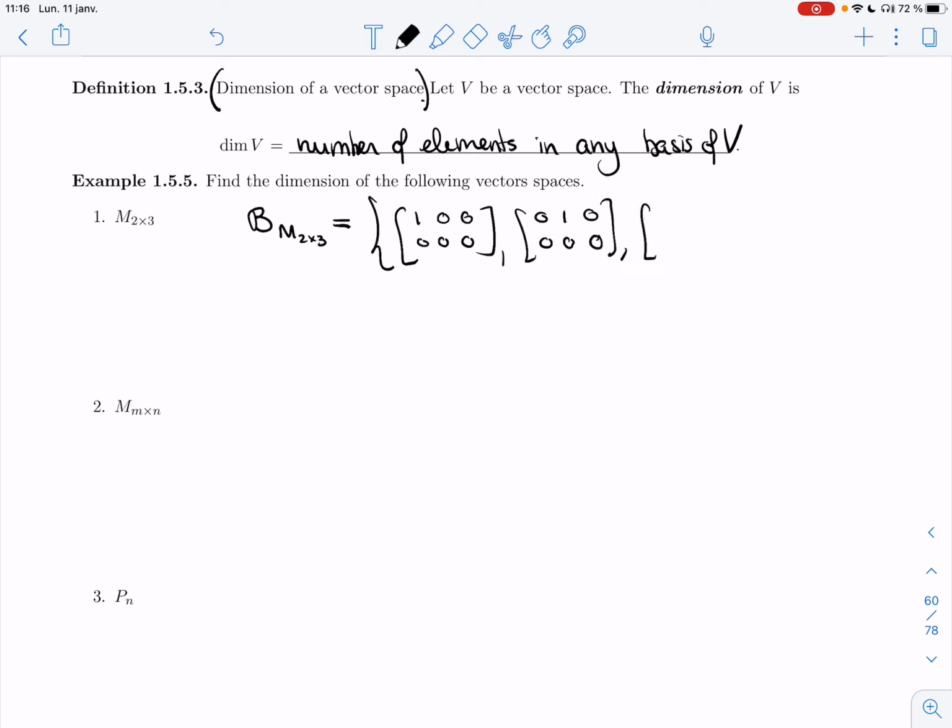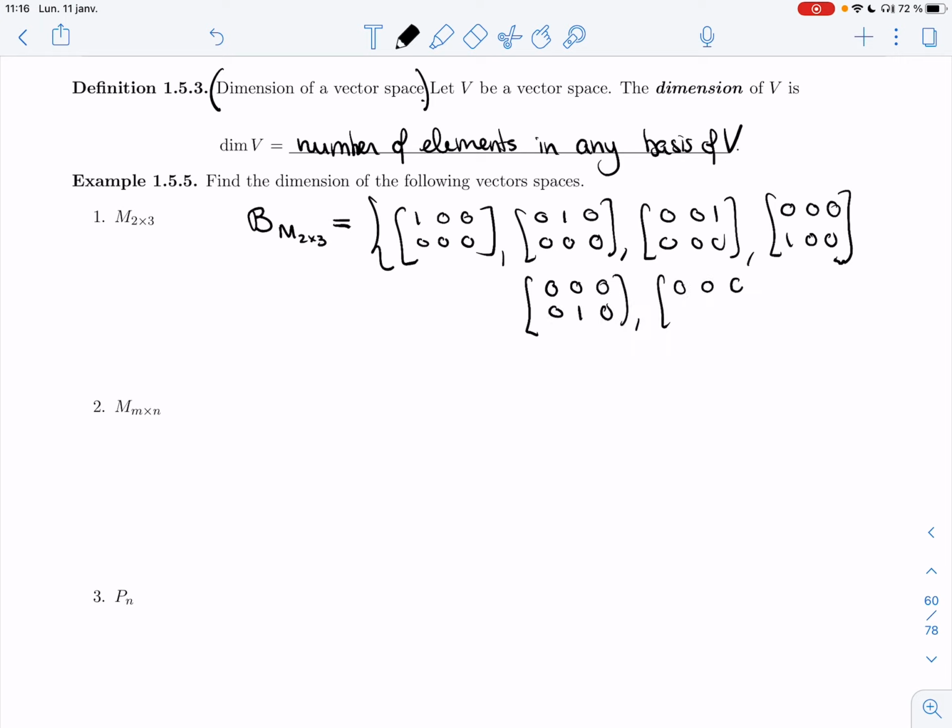It's going to give me one matrix by putting a 1 in that entry and zeros everywhere else. So I have 2 more, 0, 0, 0, 0, 1, 0, and 0, 0, 0, 0, 0, 1.